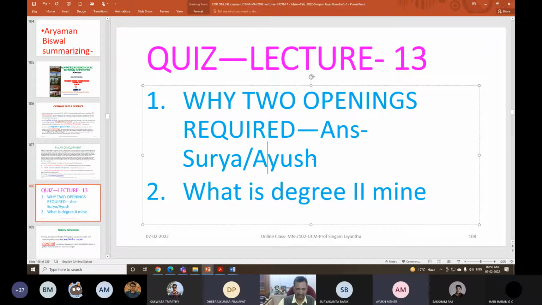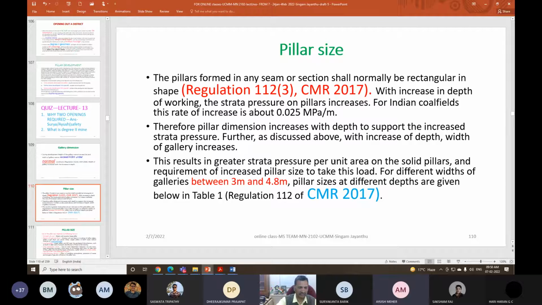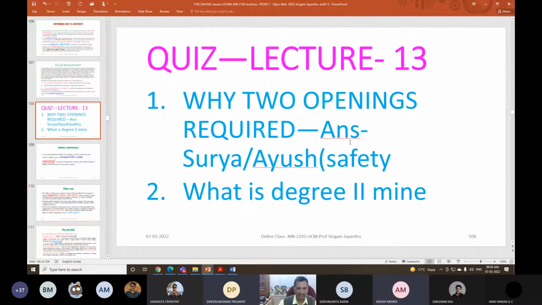First thing is safety, and all other things are not as mandatory. And our regulation also says that after two connections are made we can send the labor; before that you cannot send any labor. But the main issue is safety, sir. Very good. Nice. Anybody else want to respond?